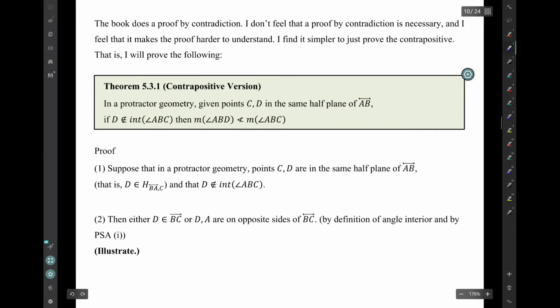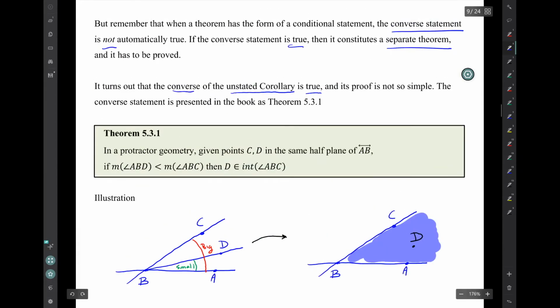Now the book does a proof by contradiction. I don't feel that a proof by contradiction is necessary, and I feel that it makes the proof harder to understand. I find it simpler to just prove the contrapositive. Let's go back up and look at the original statement. The original statement says, if the measure of angle ABD is less than the measure of angle ABC, then D is in the interior.